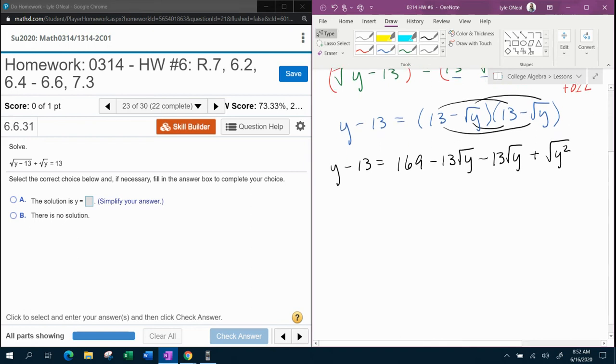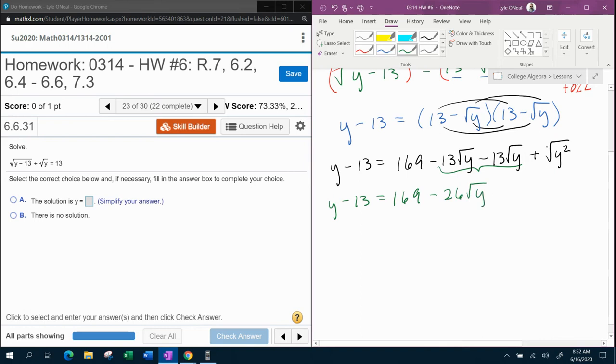And then we need to simplify, okay? So the y minus 13 comes down. On the other side, we have 169. We've got some like terms. Negative 13 square root of y minus 13 square root of y. That is minus 26 square root of y.